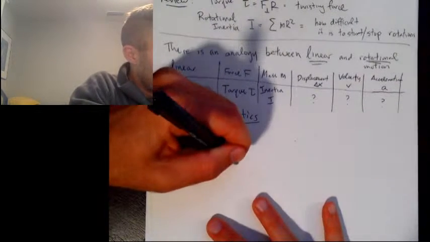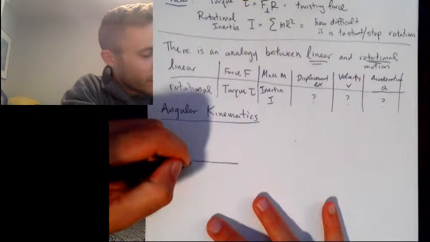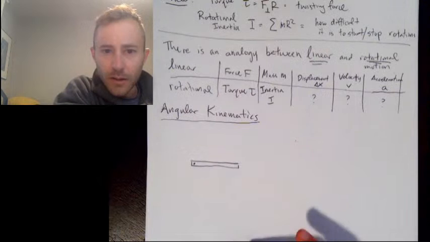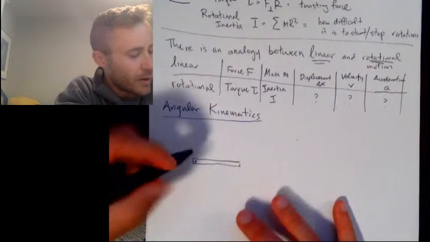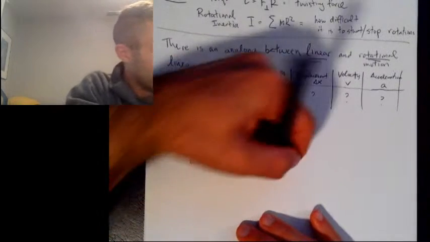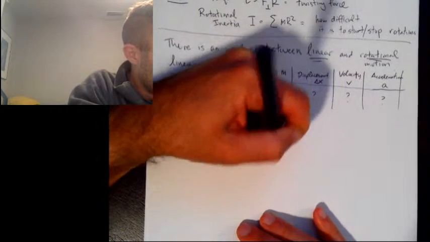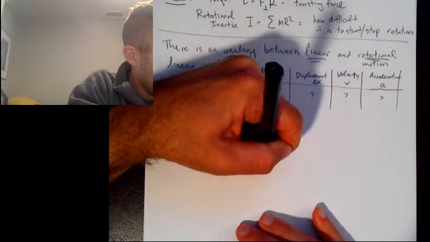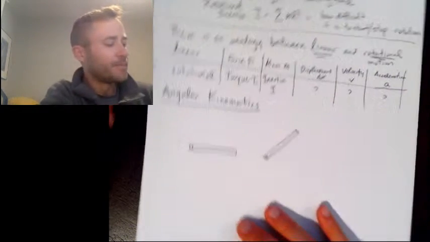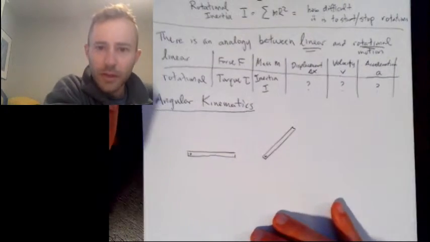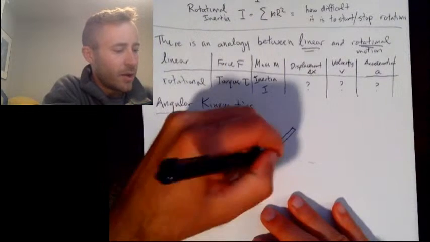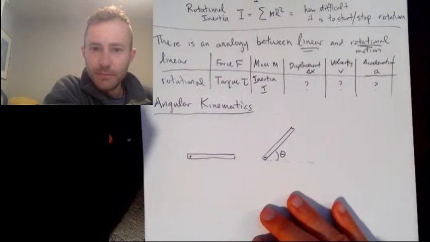So let's suppose we have an object. Maybe it's, I don't know, a beam. Okay? And the beam goes from horizontal, and it rotates by some amount, like that. So now it has a certain angle.